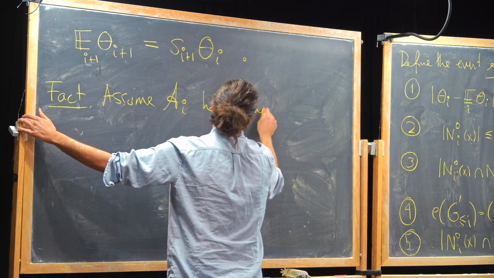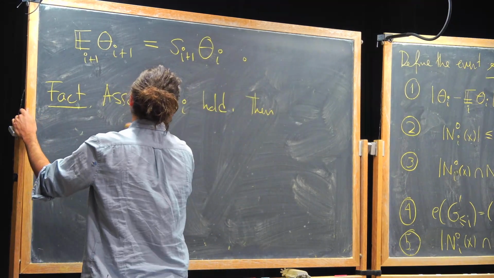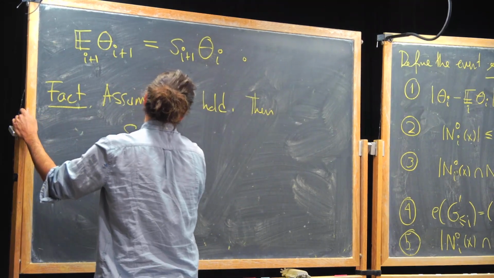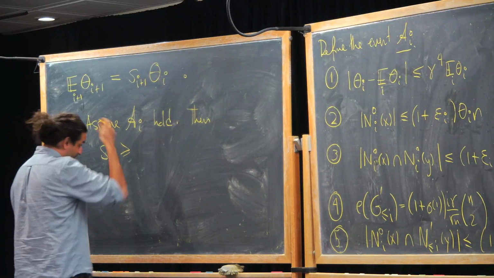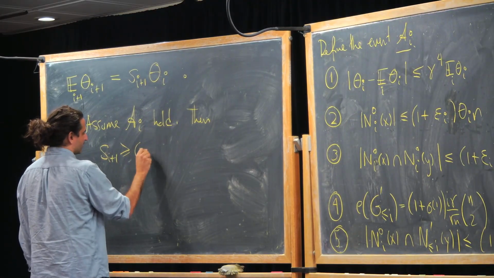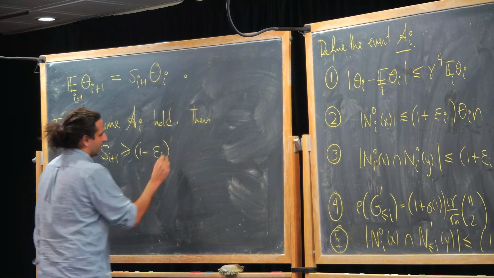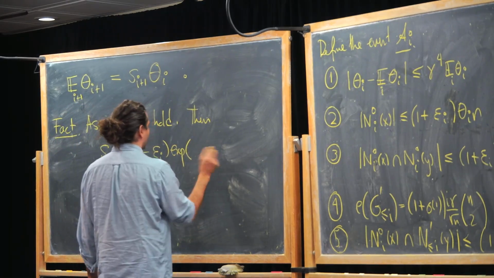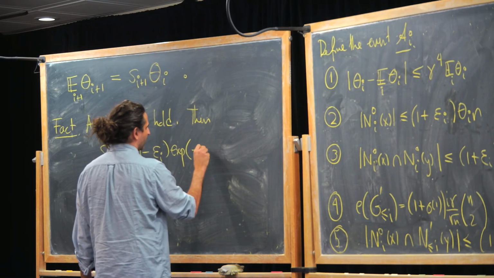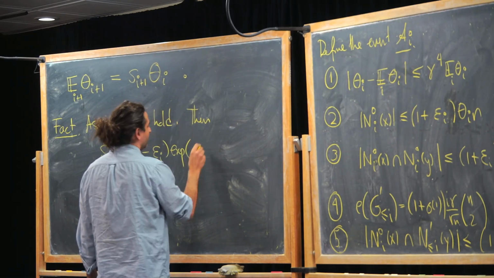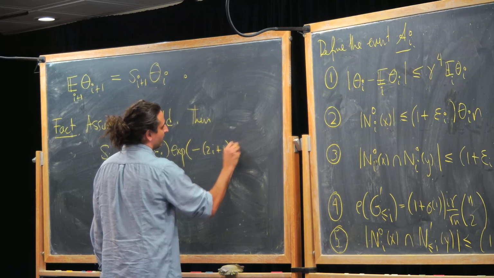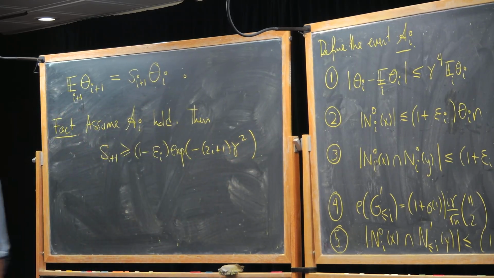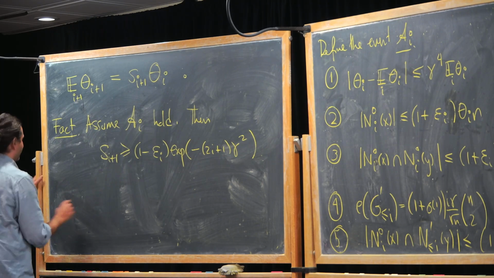Then S_{i+1} is at least, there's an error term here, which I'm not going to grind on too much about, but it's going to be something like that for sure, minus 2^{i+1} gamma squared. This is a slightly mysterious quantity at the second, but we'll get used to it. Let's prove it.